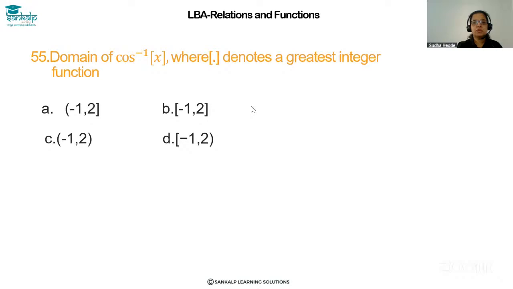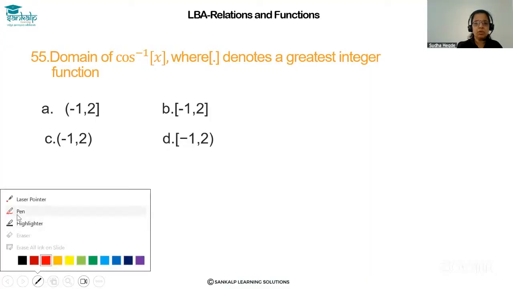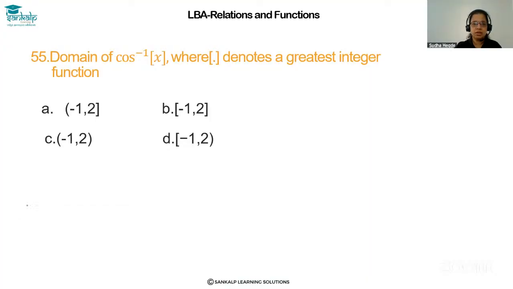To answer this question you should basically know two things: the domain of cos inverse x, and how to define the greatest integer function. Let us first see the domain of cos inverse x.